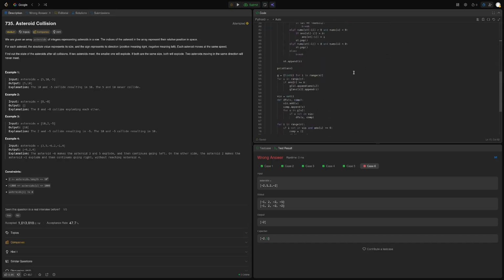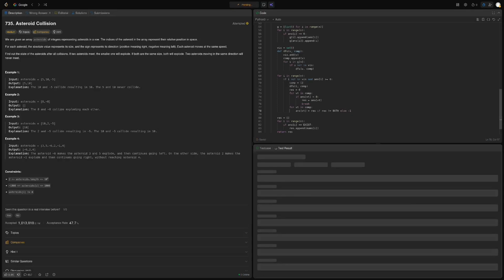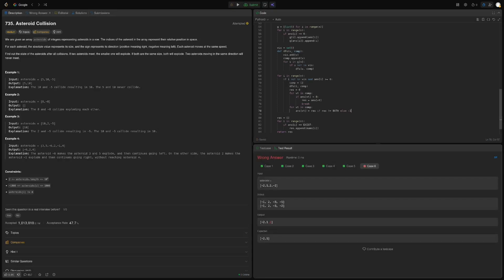Equals both, and now res, if res dom equals both, else it will exist. And now 2 is extra, that's weird.